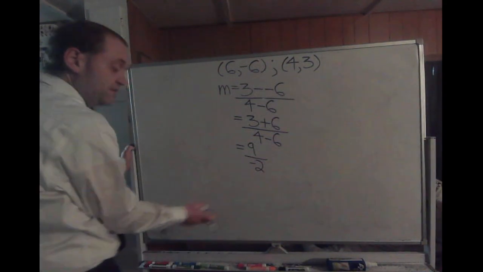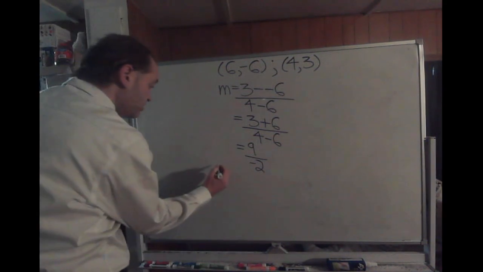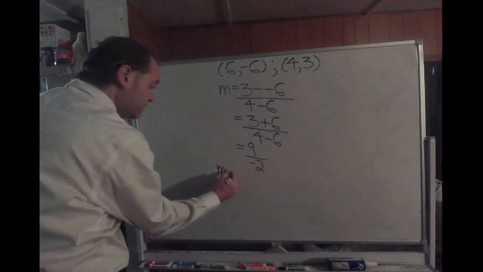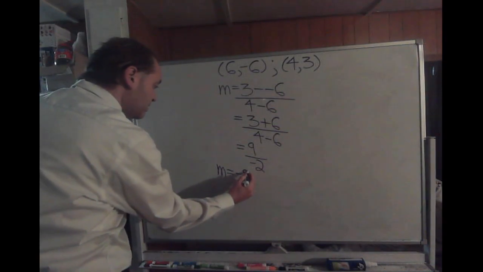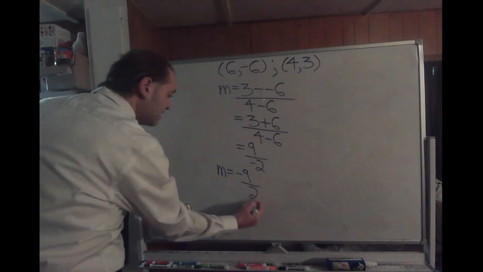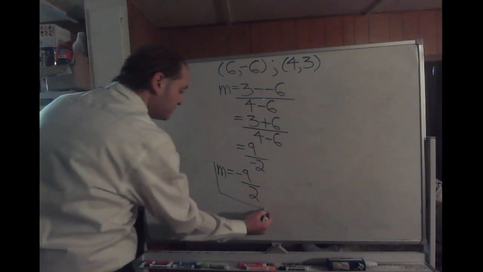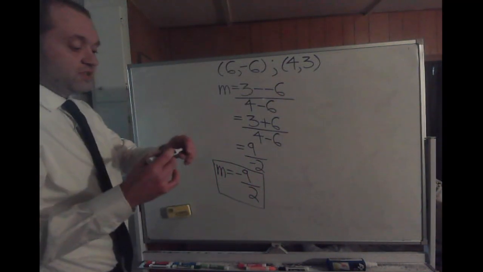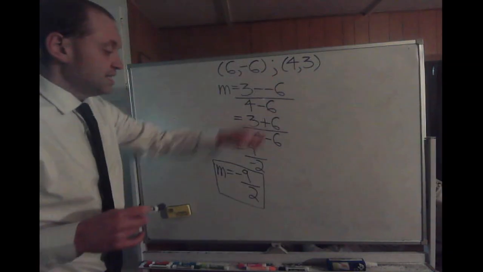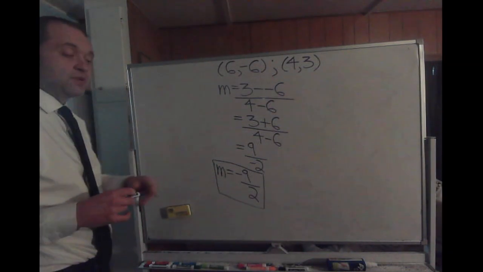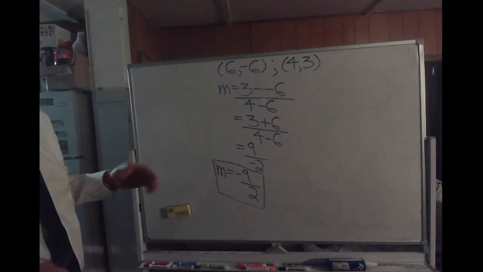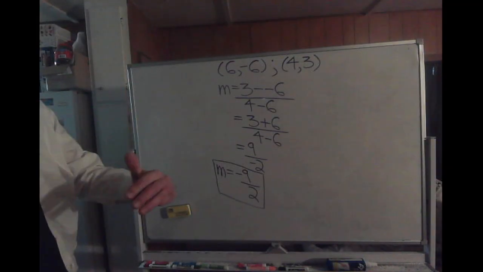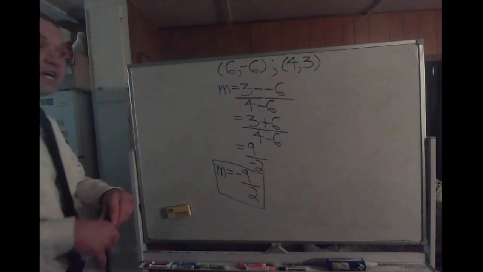When you have a negative in the denominator and a positive in the numerator, you just put the negative in the numerator. So you'd end up having a slope of -9/2. So the slope of the line going through these 2 points is -9/2. And since it's a negative slope, it would fall to the right. The further right you go, the more the line falls.